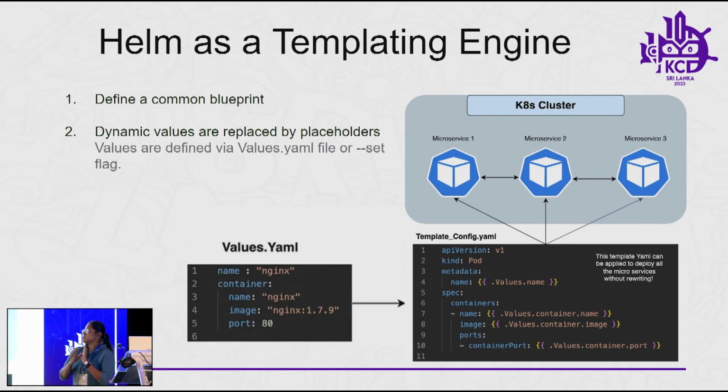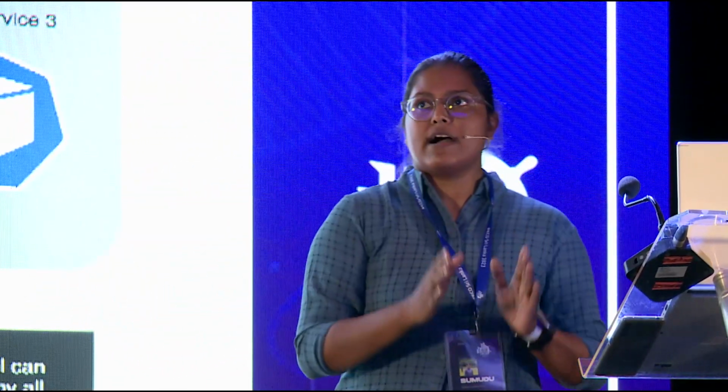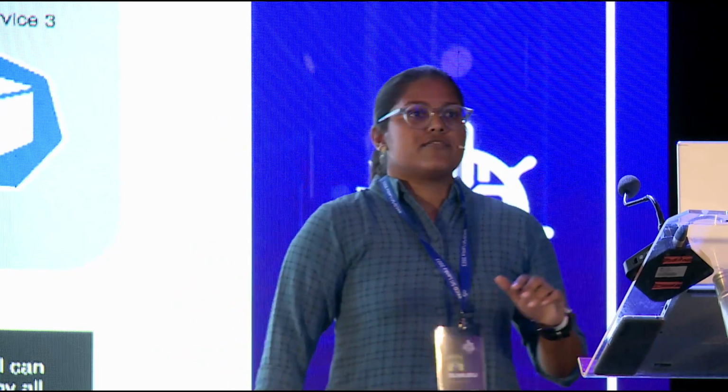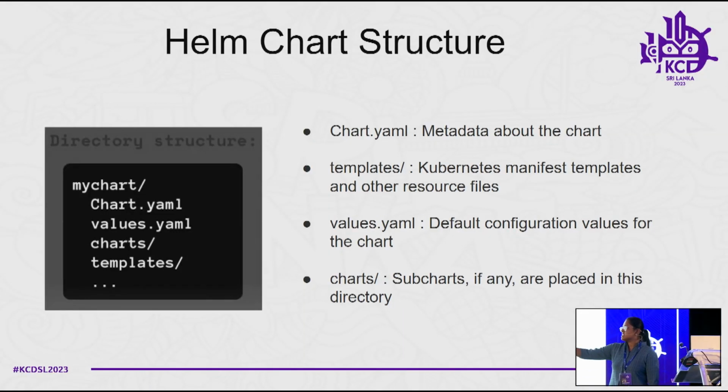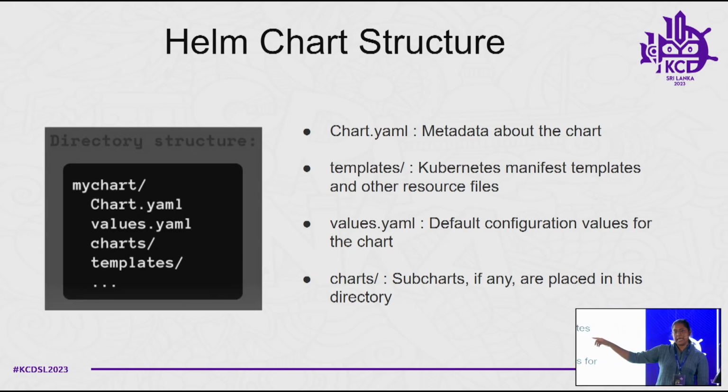So I have talked a lot about Helm charts, and I said a chart is a bundle of YAML files, but I really did not tell you what kind of YAML files are inside a Helm chart. So this is the Helm chart directory structure. You can see my chart is actually the chart name.